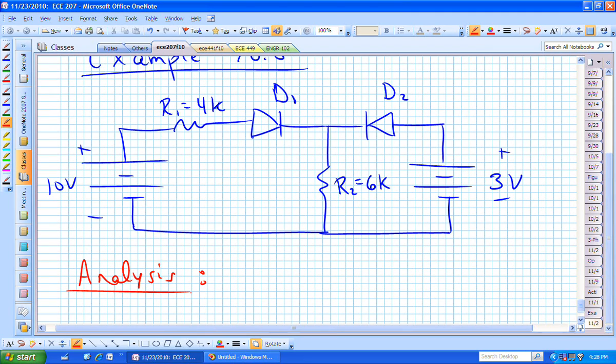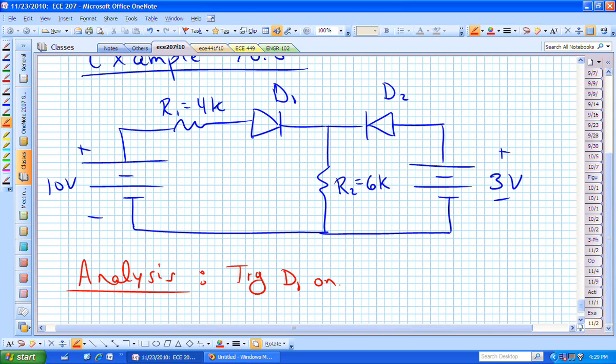Or we'll say diode 1 is on. So let's just try diode 1 on. Well, if diode 1 is on, and it's at a potential of something less than 10, let's say 8 volts for argument purposes, on the right-hand side or the cathode side of D1.